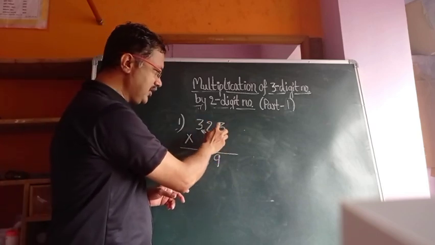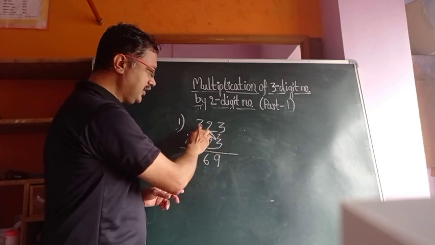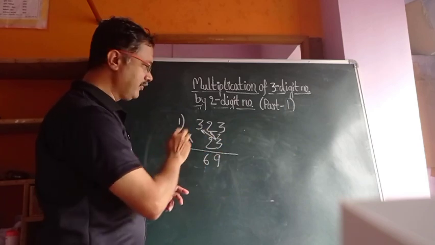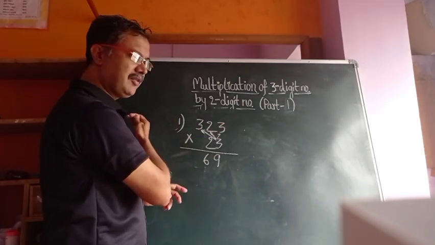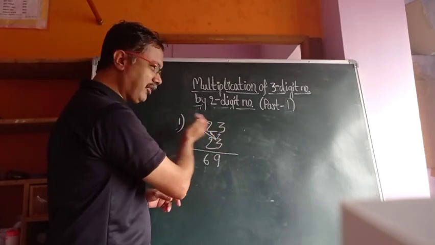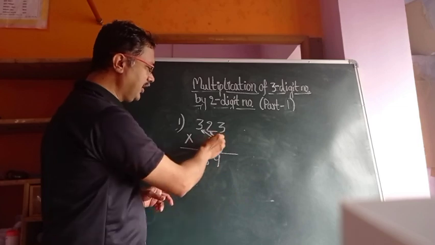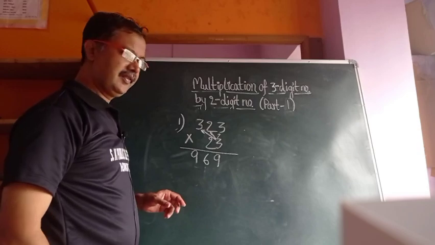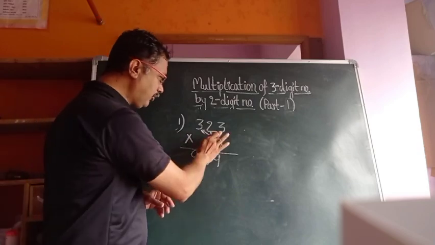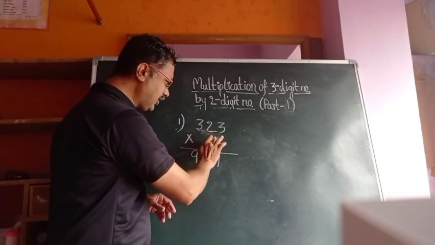First ones place, tens place, then hundreds place. Ones, tens and hundreds. From right side to left side you are moving. 3 3s are 9. Simple. Now this is over.